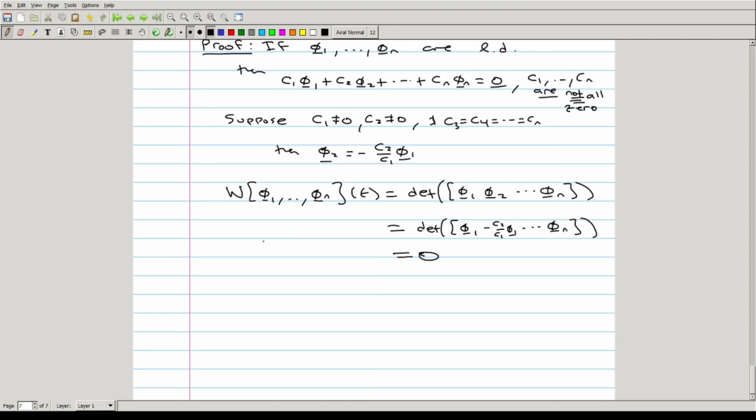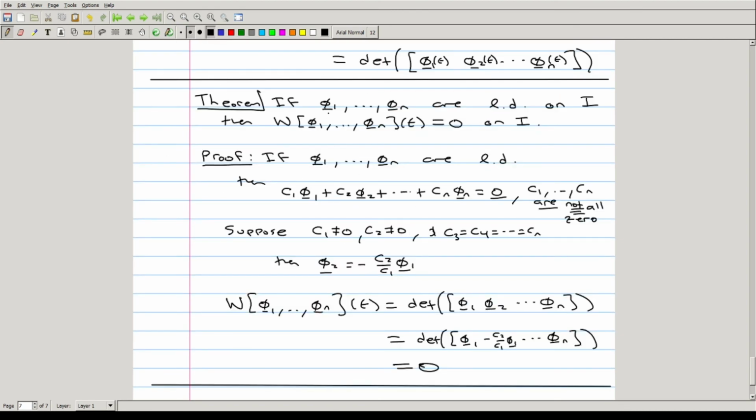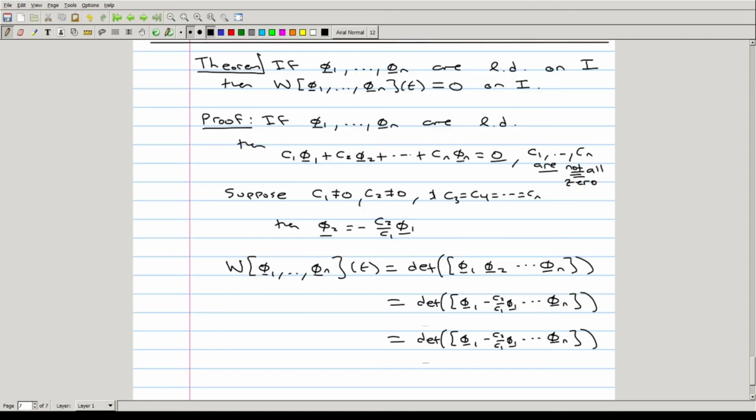And one of the big pictures here for us is that we can take the contrapositive of this statement, which is, the theorem statement is, if phi1 through phi(n) are linearly dependent, then the Wronskian is 0.